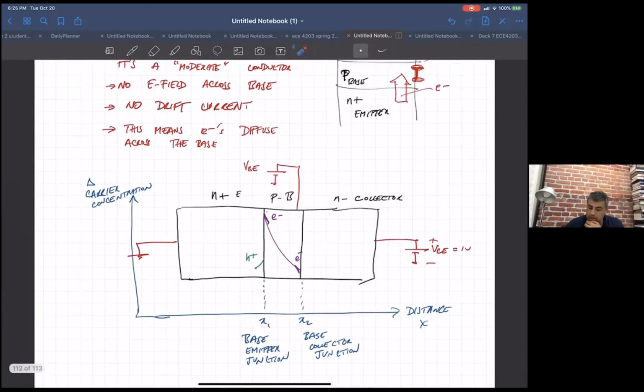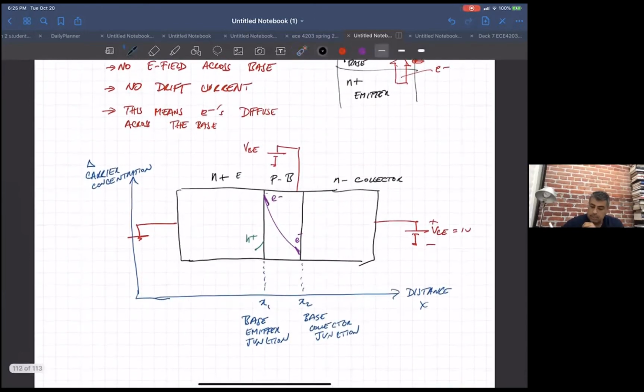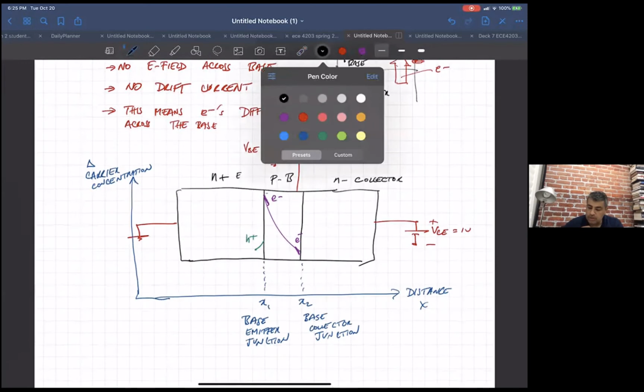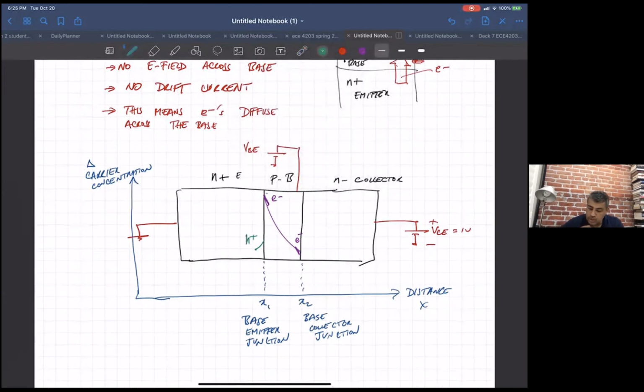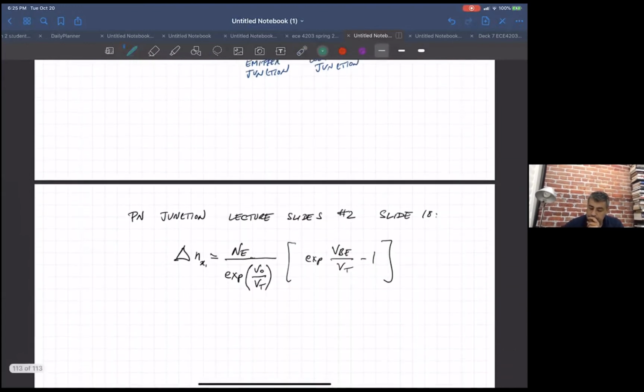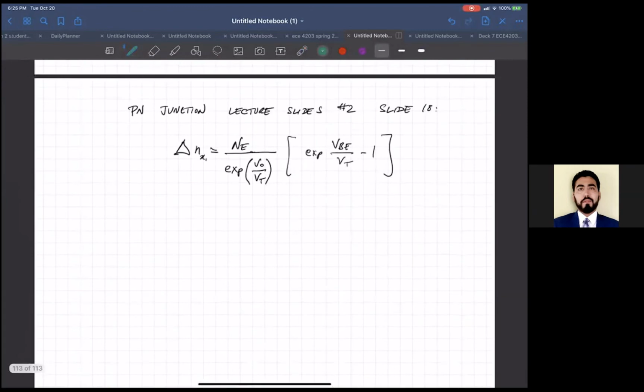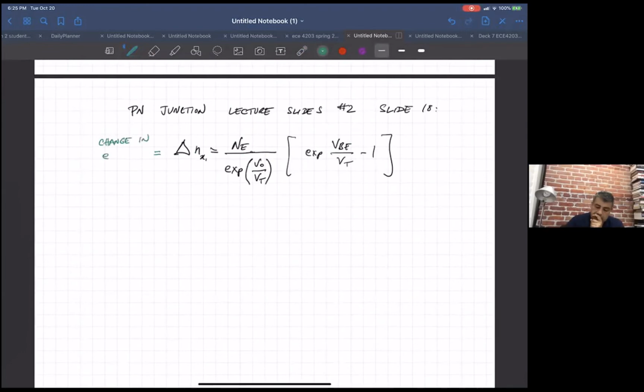And the symbol for holes is actually an H plus. Oh, okay. So this is the change in electron concentration.